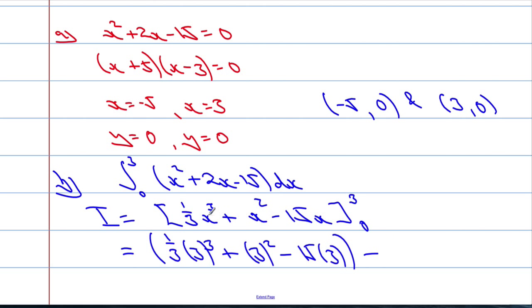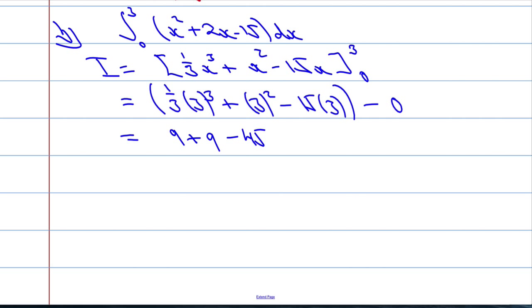Now, when I put 0 in for x, I'm going to get 0. 3 cubed is 27. 27 times a third is 9. Plus 9. And then 15 times 3 is 45. So we get 9 and 9 is 18. And that 45 is going to give me negative 27. So the integral gives me an answer of negative 27.